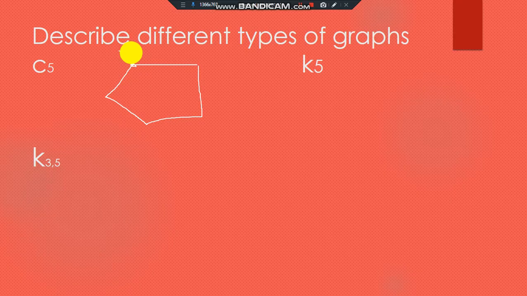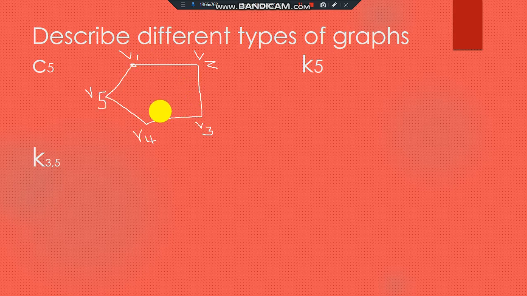I am naming these vertices: this vertex as V1, this vertex as V2, this vertex as V3, this vertex as V4, and this vertex as V5. So how many vertices are here? 5 vertices are there and a cycle exists. You can start here, come here, come here, come here, come here.